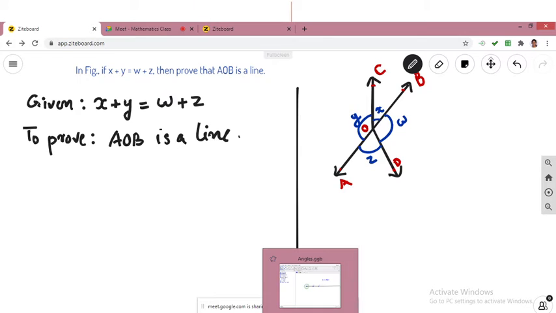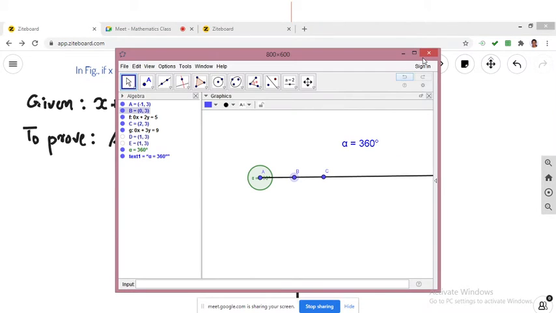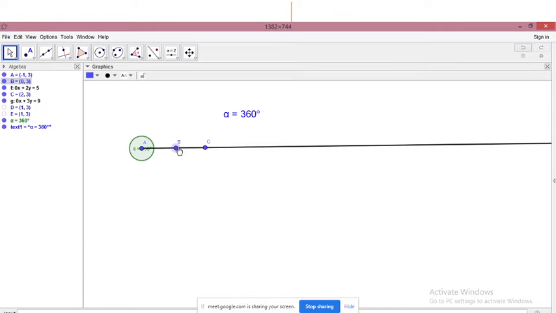So let me show you that. Yeah. So in here, see, we have an angle. So, when I am making it a complete angle, you get the angle to be 360 degree, right? So, when this ray is completing a full circle, full rotation, the angle becomes 360 degree, right?